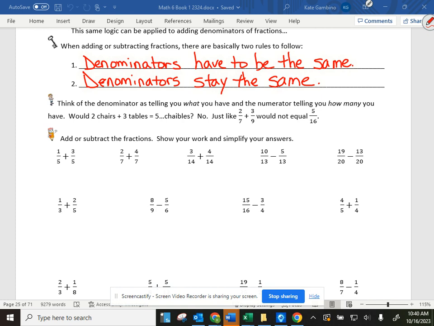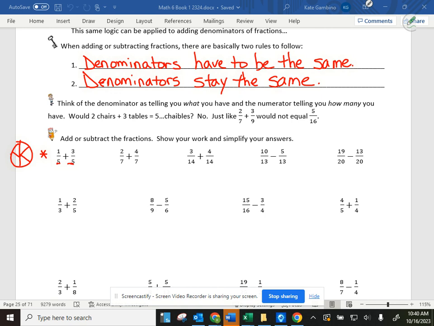So when we have that same denominator, we look at this first example, we're saying it is broken up into fifths. So we have our circle broken up into fifths. How many fifths do we have all together? So our denominator has to be the same, so we know how much it's broken into.